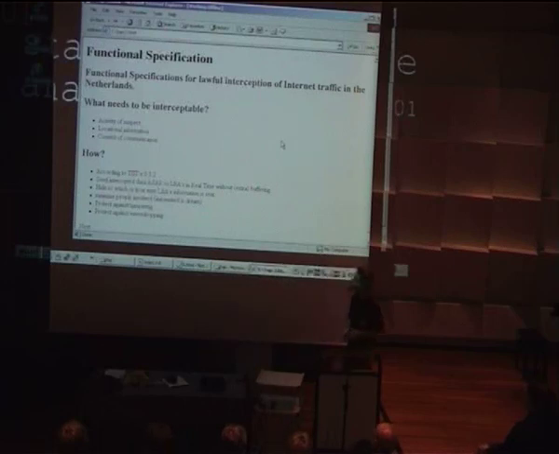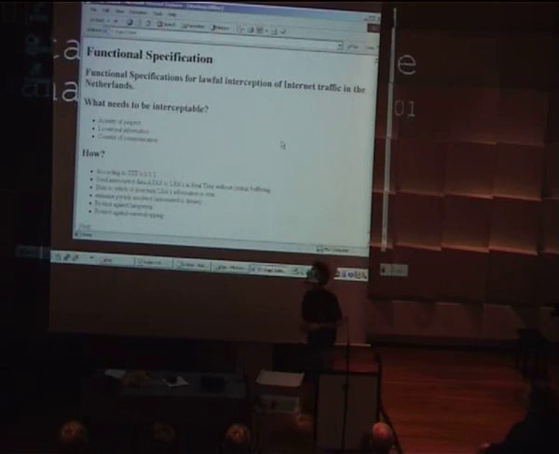What needs to be interceptable? The activity of the suspect, which means everything: when he's logging in, where, what time, the location information, where is he, which pole, is he south of the Netherlands, is he in Amsterdam, where is he calling from, what's the caller ID, what phone, house, wherever, GPS coordinates if available, everything.